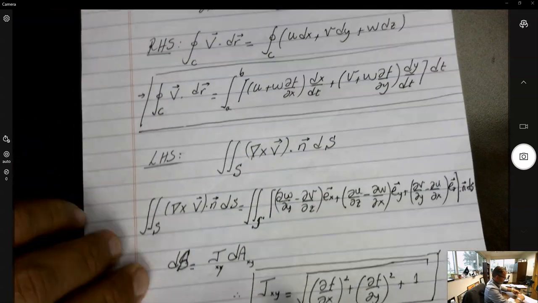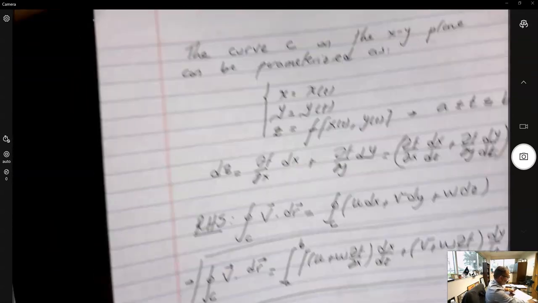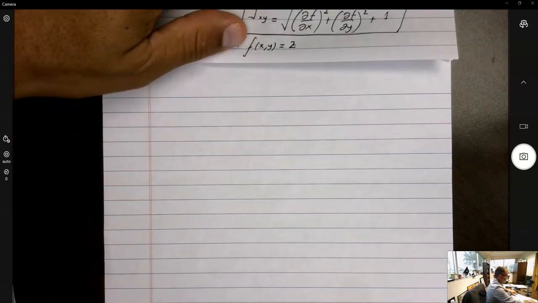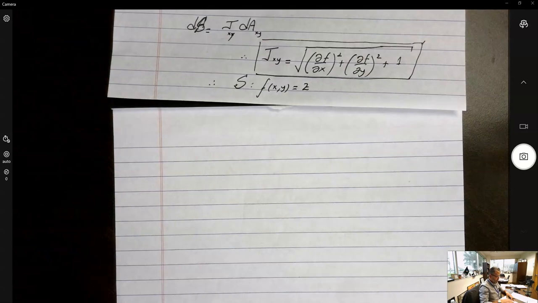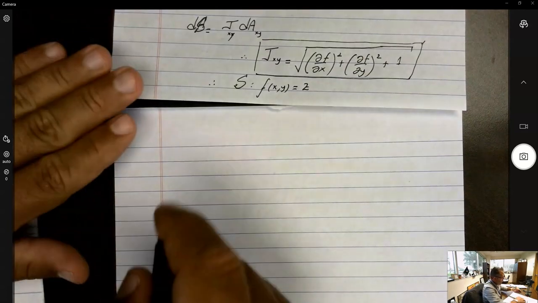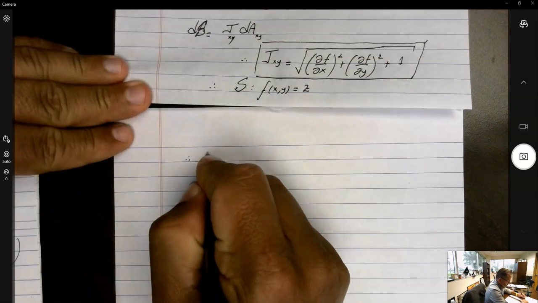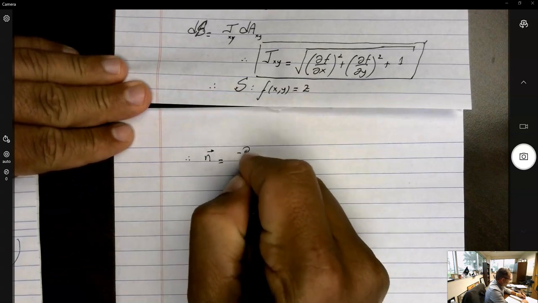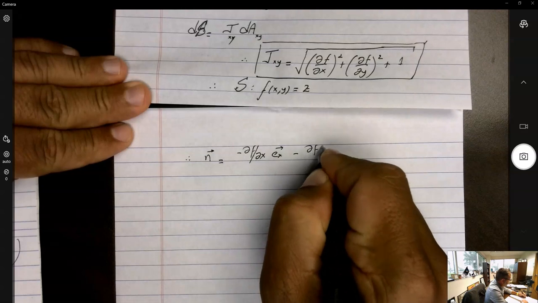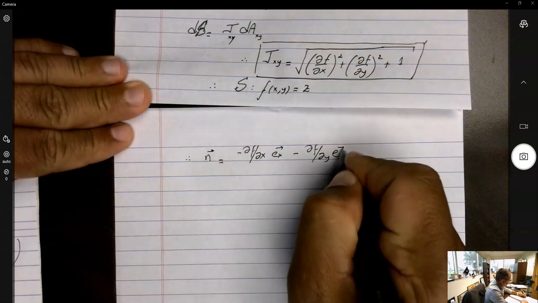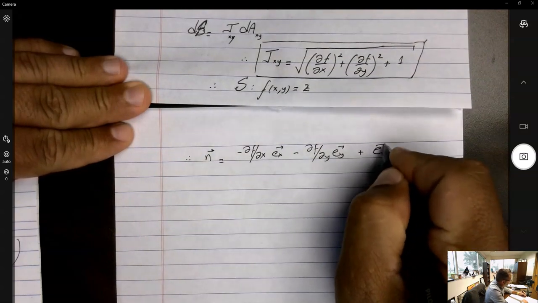So then if we recall, the normal vector is minus df dx in the x direction minus df dy in the y direction plus 1 in the z direction.